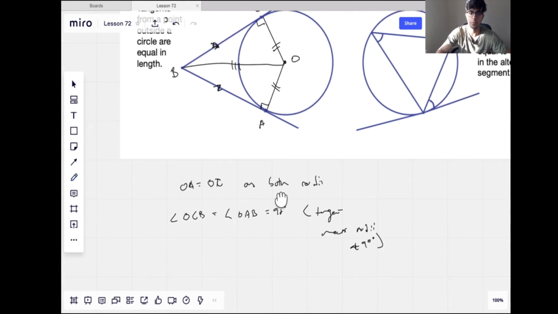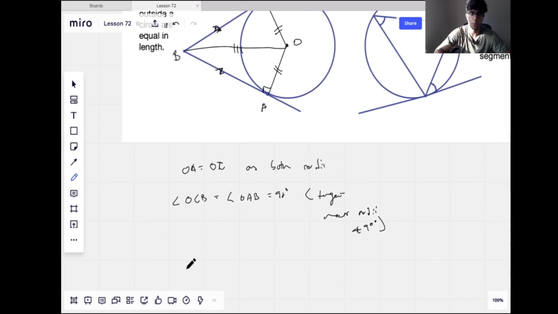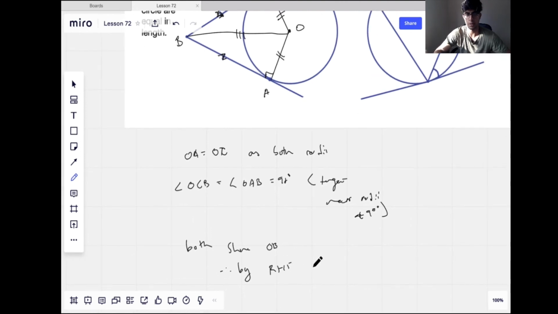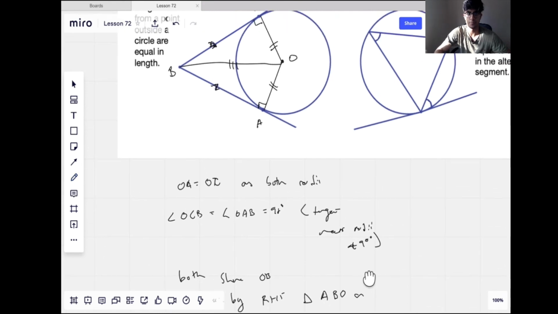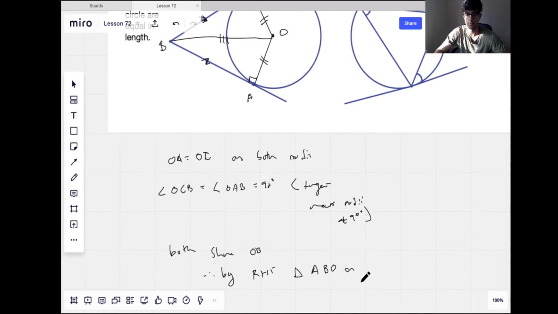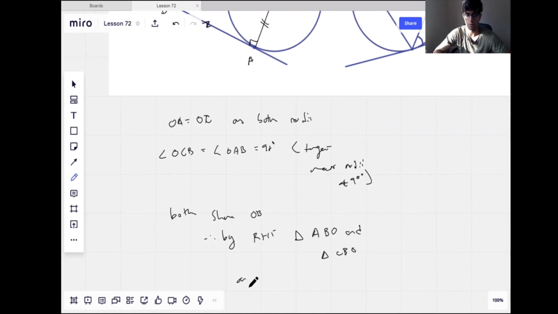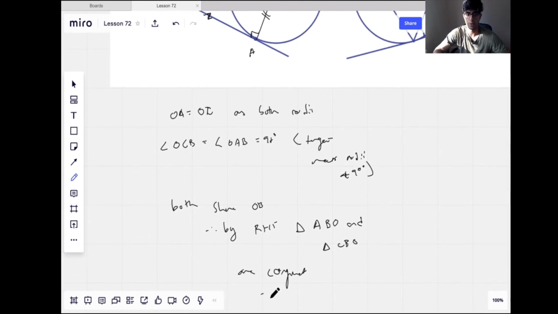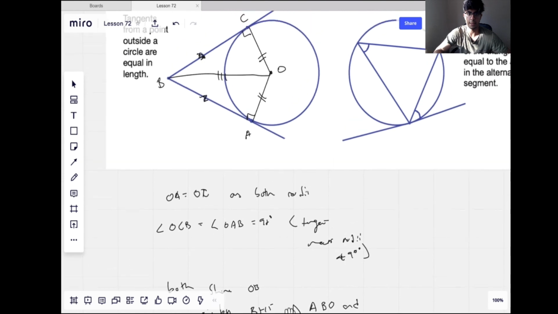We know that's true. And they both share OB, therefore by RHS, that RHS congruency, I'm just going to write triangle ABO and CBO are congruent. Therefore, AB is equal to AC.